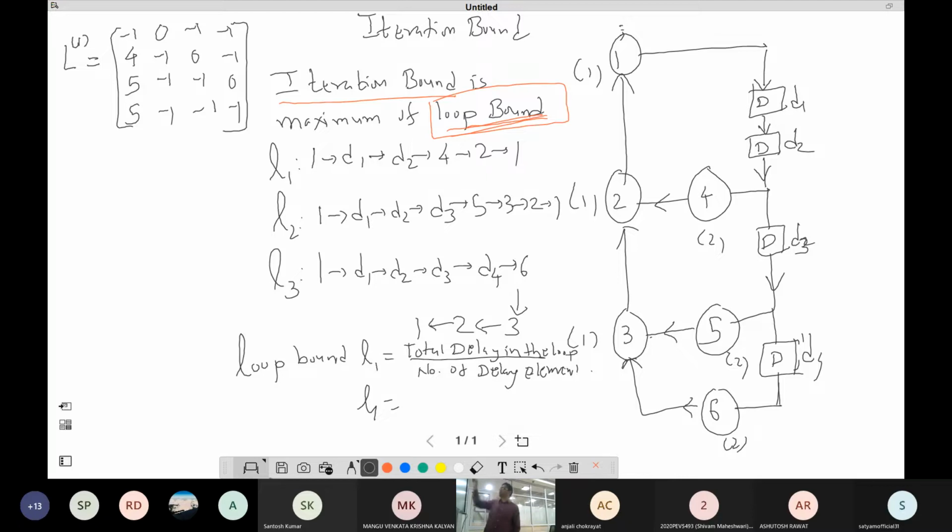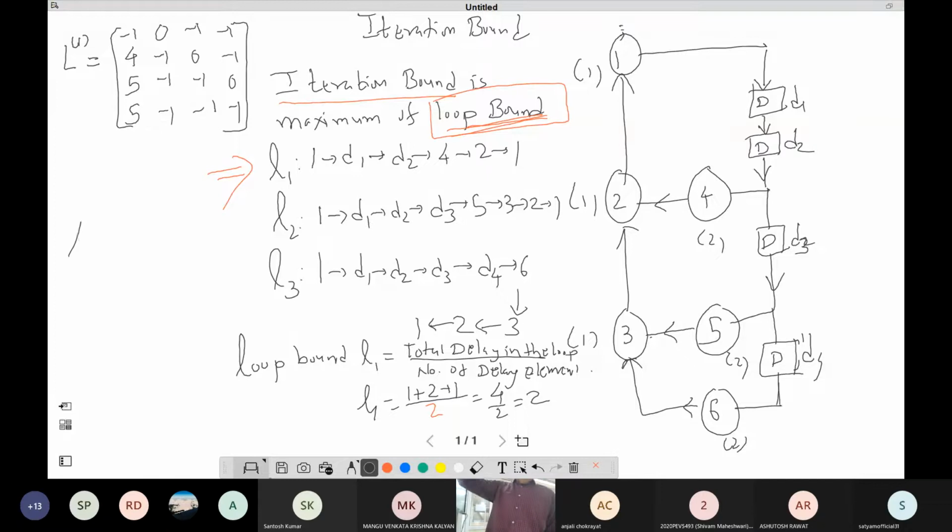It is 4, divided by the number of delay elements. How many delay elements do you have for this particular L1 loop? 2. So it is 4 by 2. So my L1 is 2.